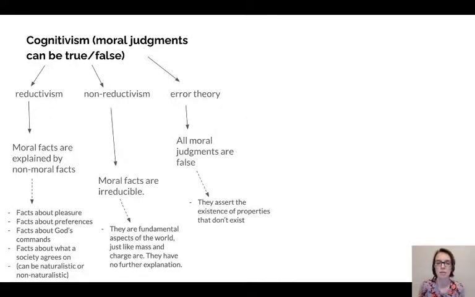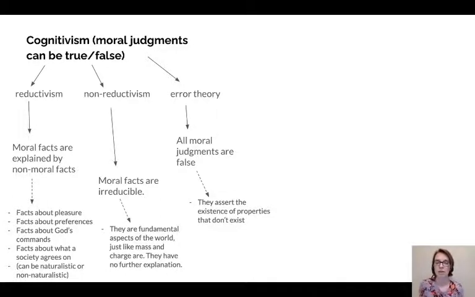You might believe that moral judgments are all false because they all assert the existence of properties that don't in fact exist. So maybe when I say that online shaming is wrong, if that was my view, then I would be saying that online shaming has the property of being wrong, which is a kind of thing that I'm claiming exists in the world.